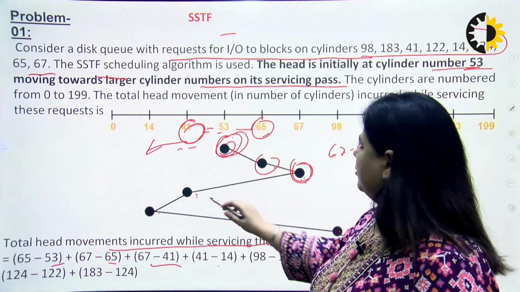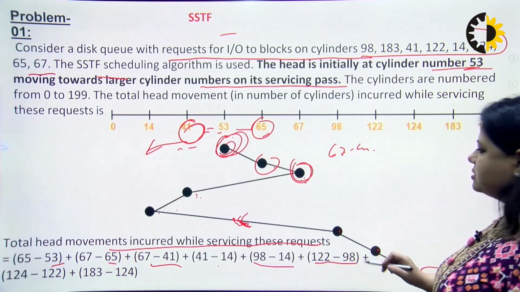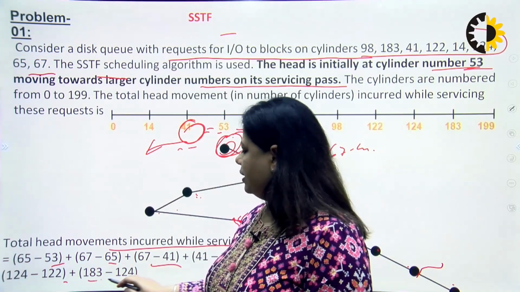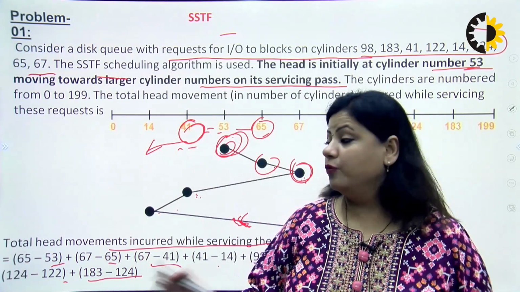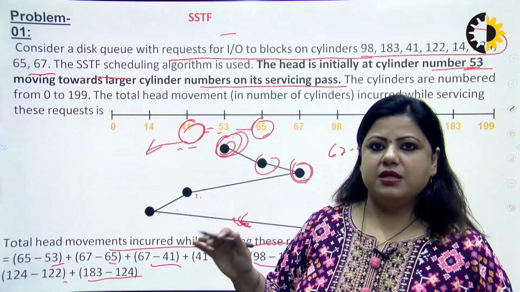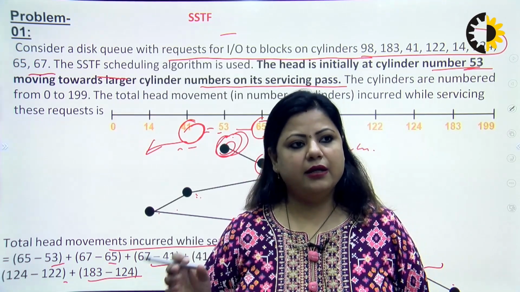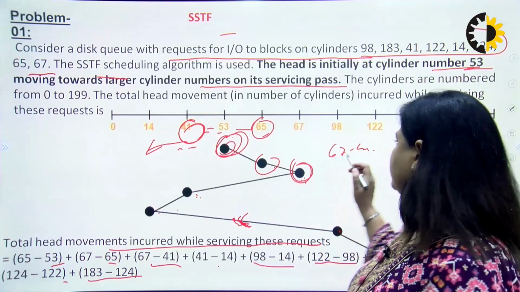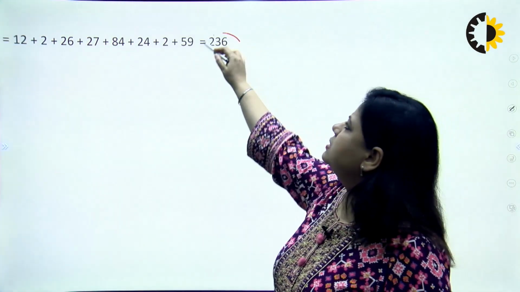Now 41 minus 14. Now 98 minus 14, 122 minus 98, and 124 minus 122 and 183 minus 124. These are the head movements of SSTF, where we select the request closest to the current head position. So the answer will be 236 cylinders.